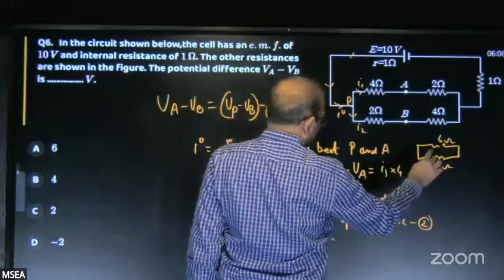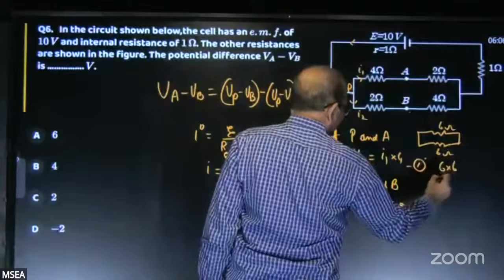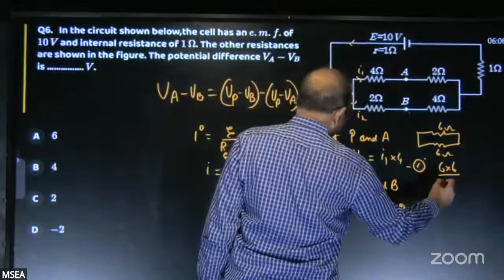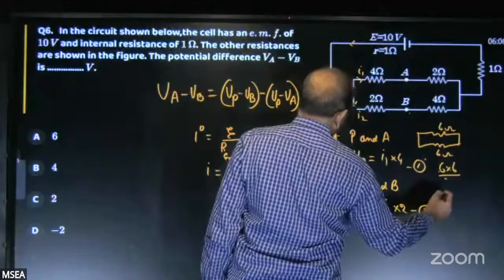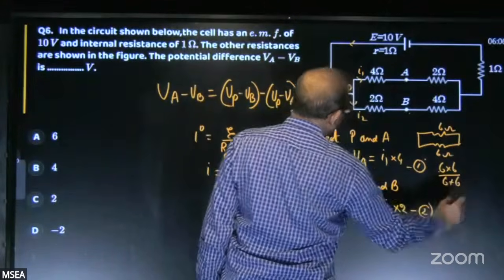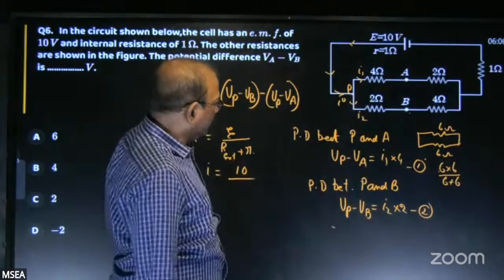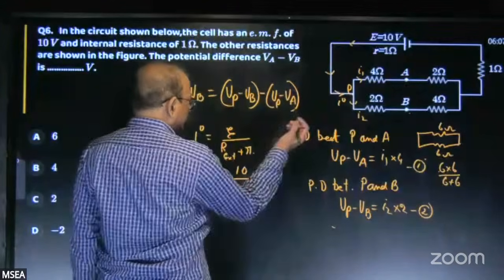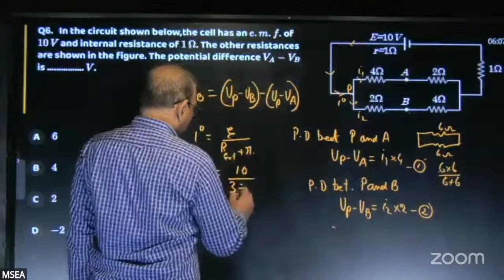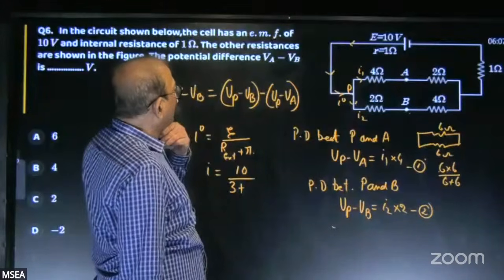Then what is the effective resistance of these? 6 into 6 by 6 plus 6, R1 R2 by R1 plus R2. I know you know this very well. 3 you will get now, plus internal resistance.